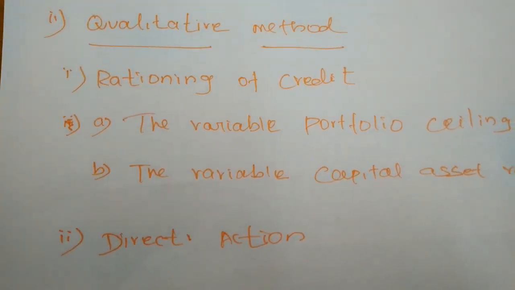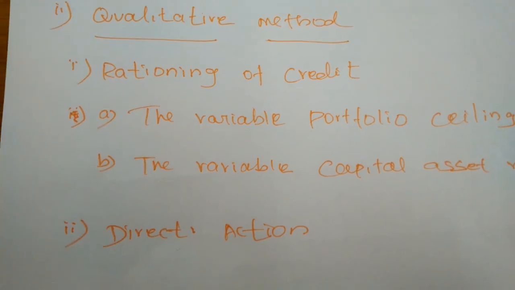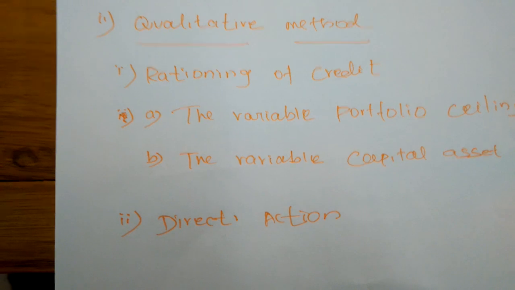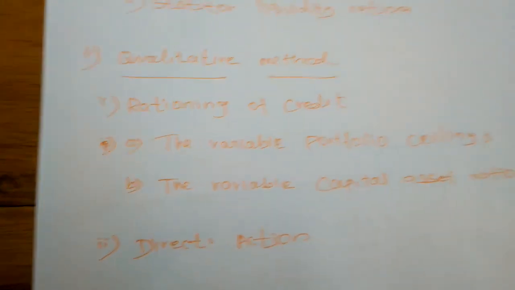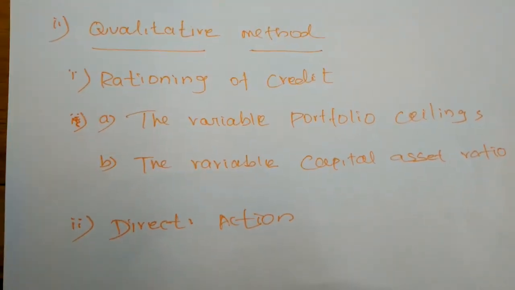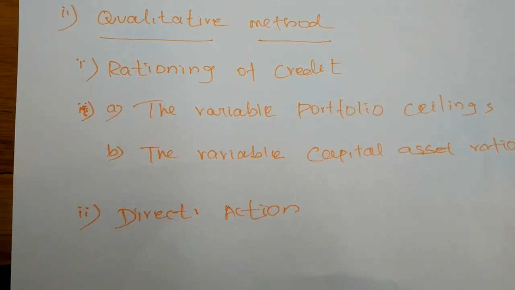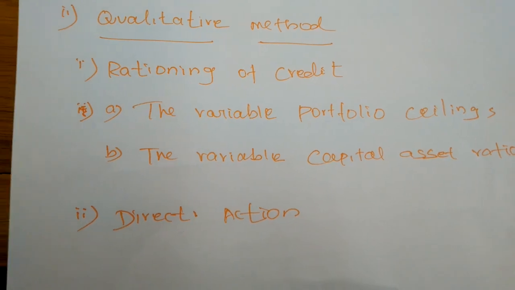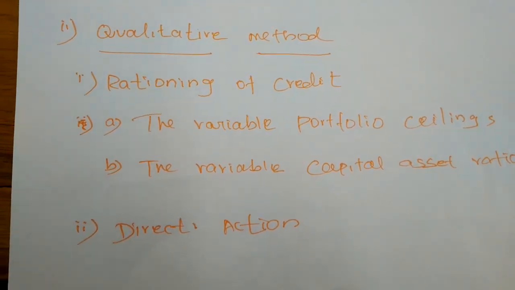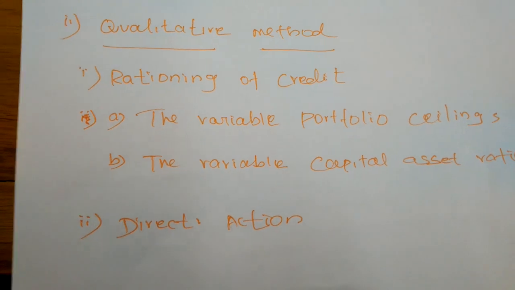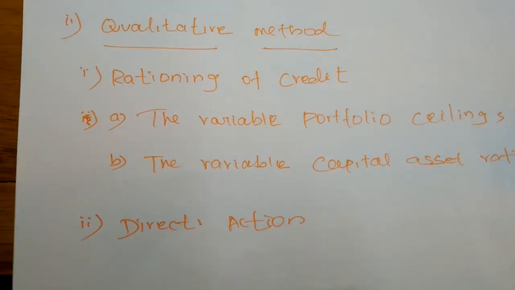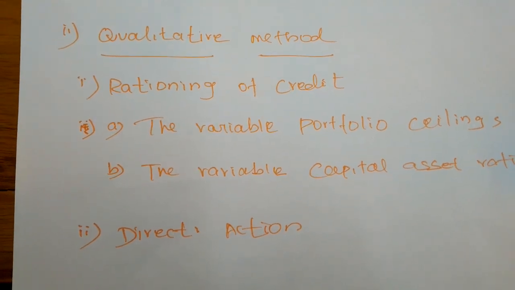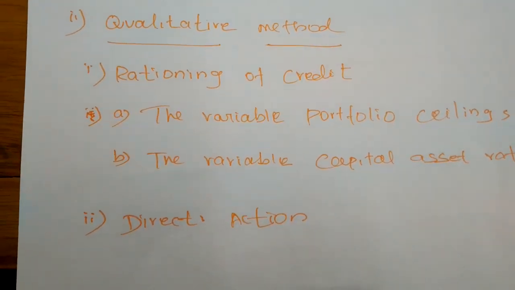The following are the frequent methods of credit control under the selective method. The first one is the rationing of credit. The rationing of credit is one of the oldest methods of credit control. As an instrument of credit control, it was first used by the Bank of England by the end of the 18th century.